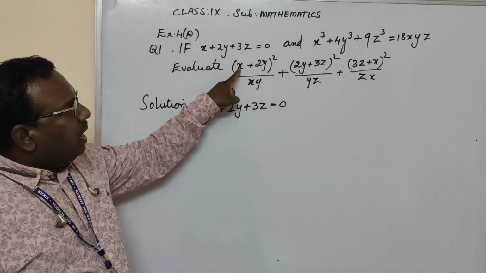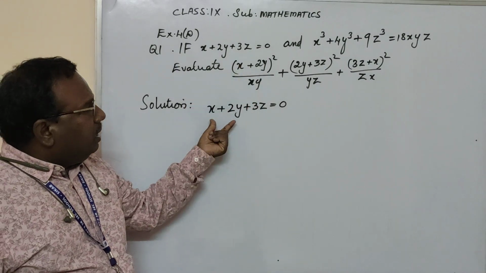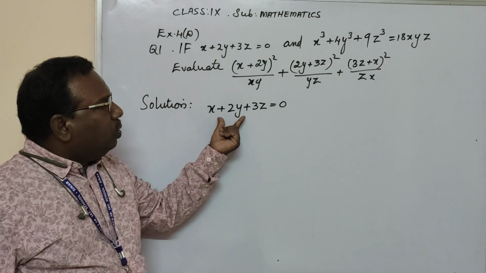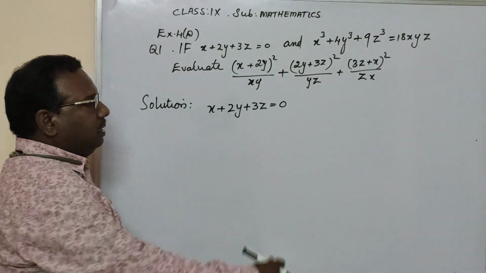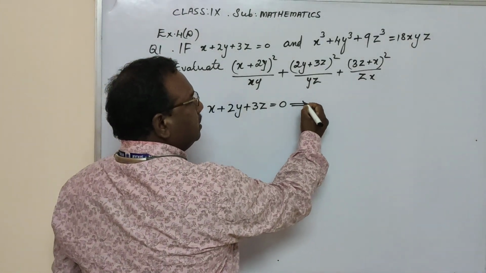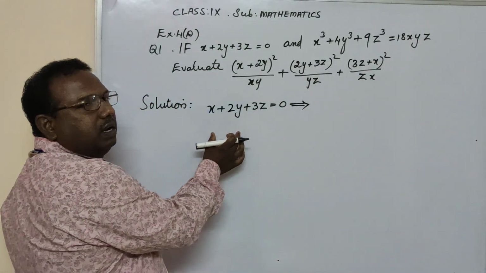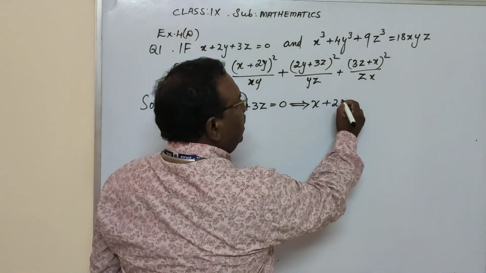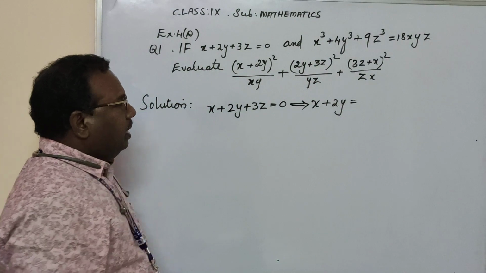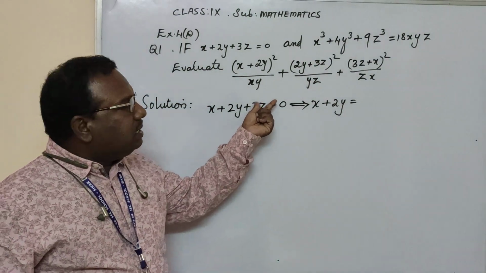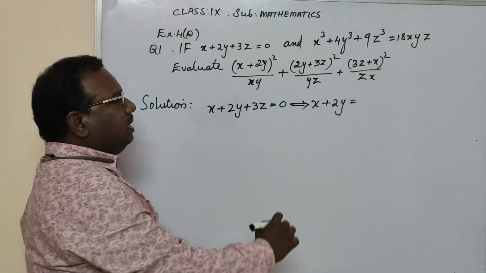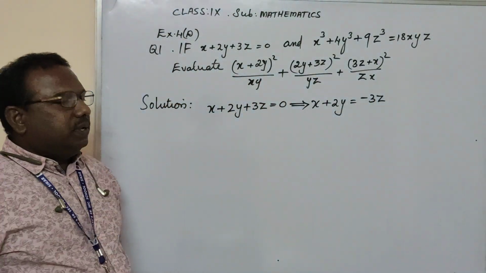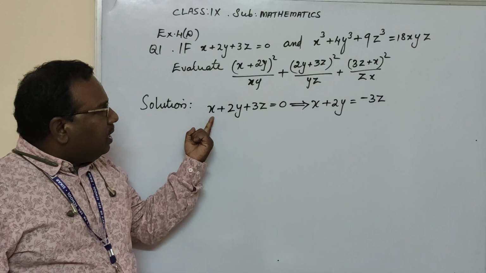Now we need x plus 2y. X plus 2y is equal to minus 3z. To get the value of x plus 2y, look at the board very carefully.